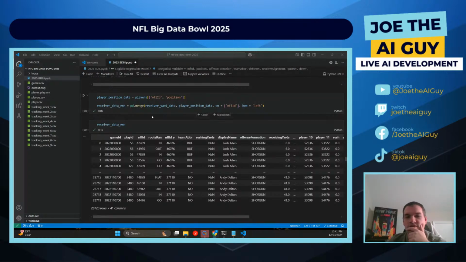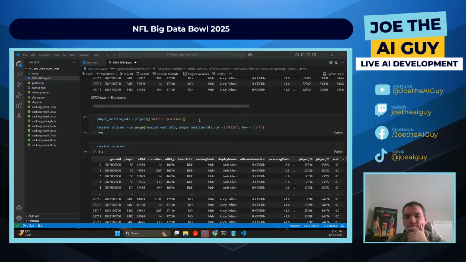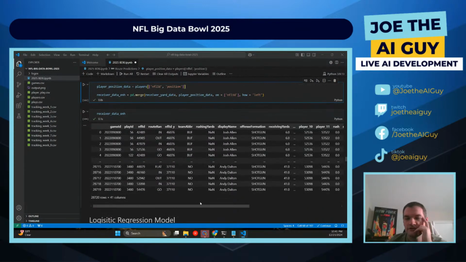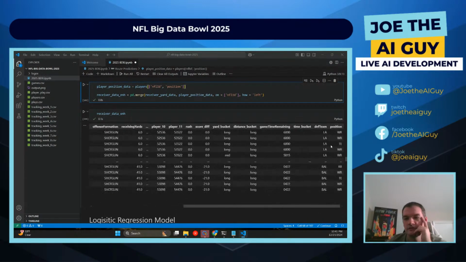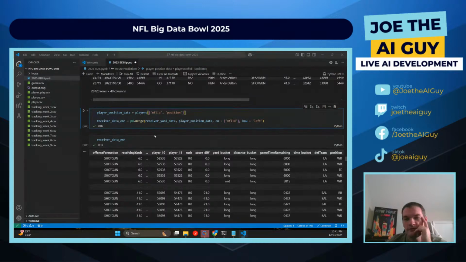Let's try this. Right, we know the player position. But we need to know not just the individual player, but we need to know the other offensive players that are pass catchers on a given play.